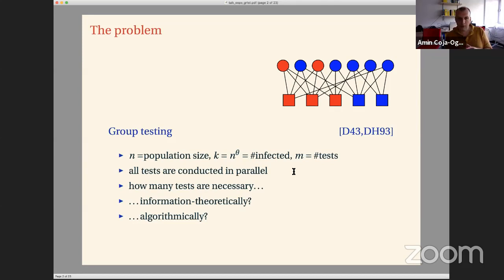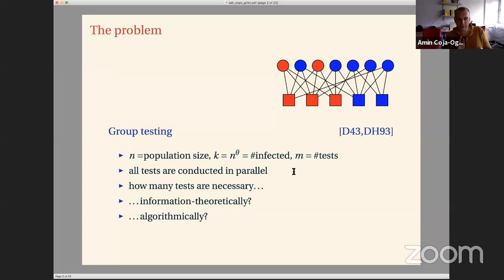Okay, and now the question is, how many tests do we need in order to identify the set of infected people? To be precise, there are two separate questions you might want to ask. One question is, can we actually identify the set of infected people on the basis of the test results, information theoretically? So assuming there's absolutely no limit on our computational powers, can we then pinpoint the set of infected people?